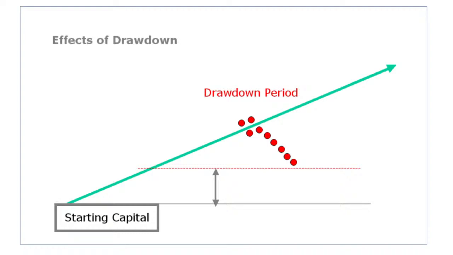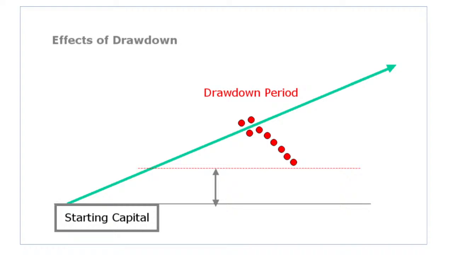Then we can hit a rough patch, and the market causes us to give some of that back. So that is a temporary drawdown period. Those occur, right? Doesn't matter what kind of trading system or strategy you're following.